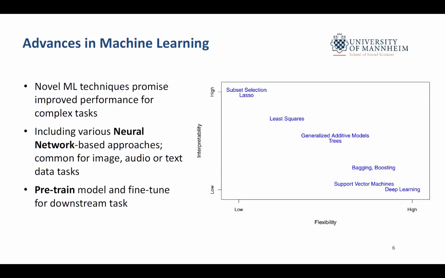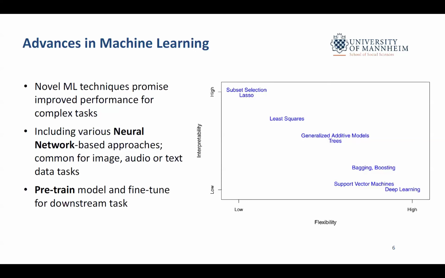Those models, however, are often proposed in somewhat different contexts, not for non-response prediction, but maybe for image data, audio data, or text data tasks. We still want to explore those novel approaches in our research and in the next slides.